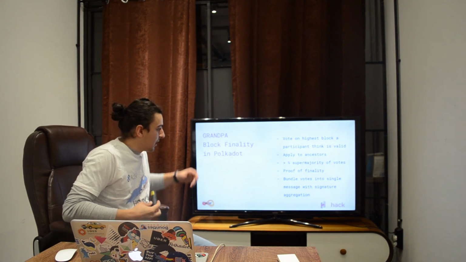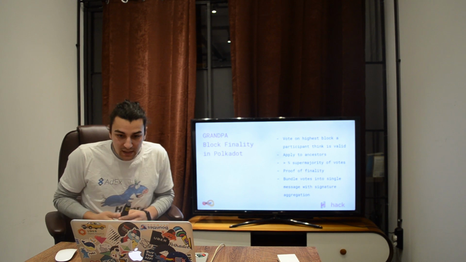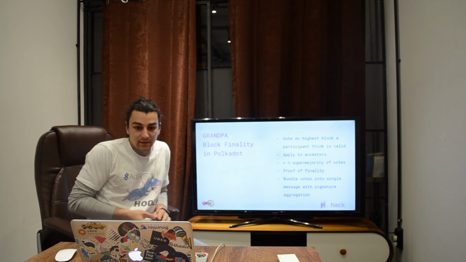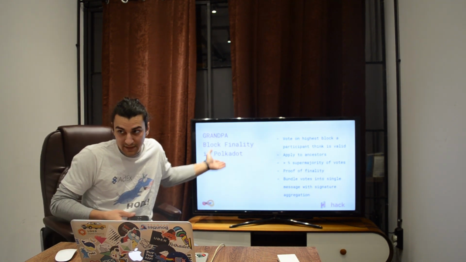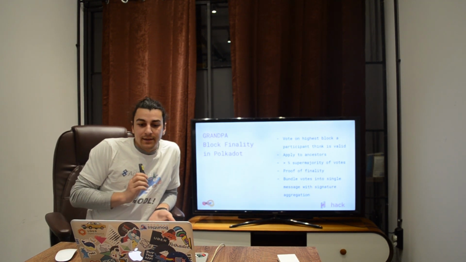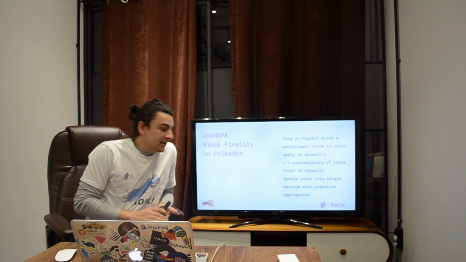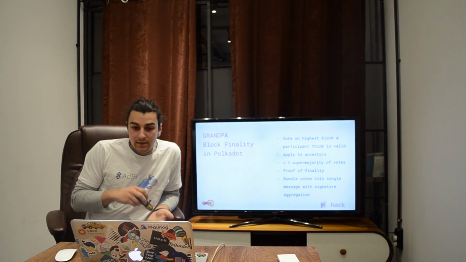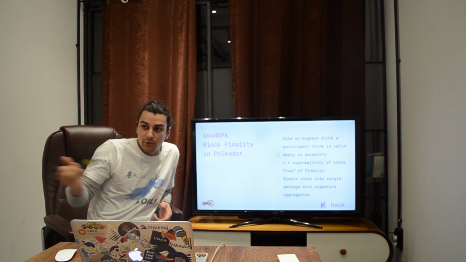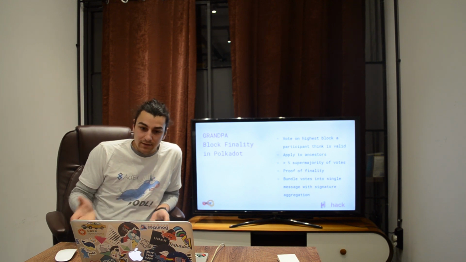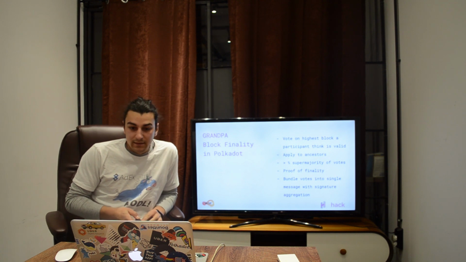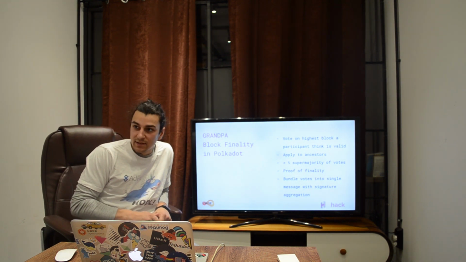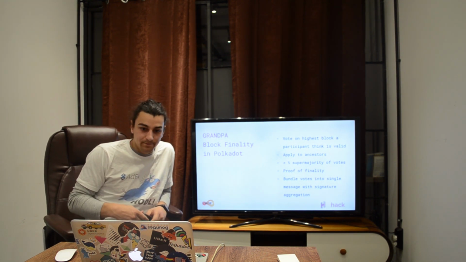So after this, it generates the proof of finality. The algorithm provides it, right? And the proof of finality is basically constructed by taking these votes that we discussed and combining them in a single bundled message with the signatures of all the voters.